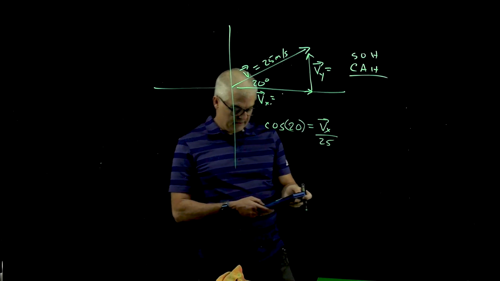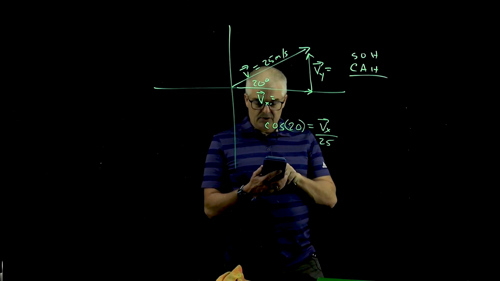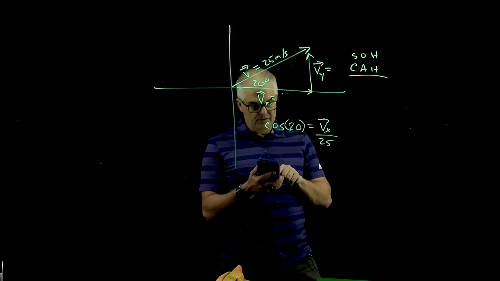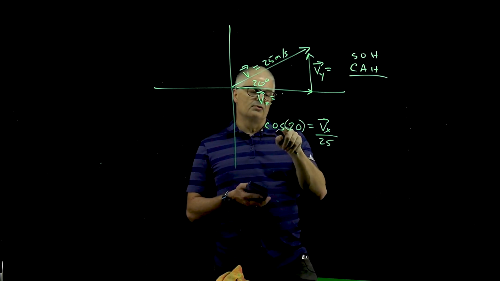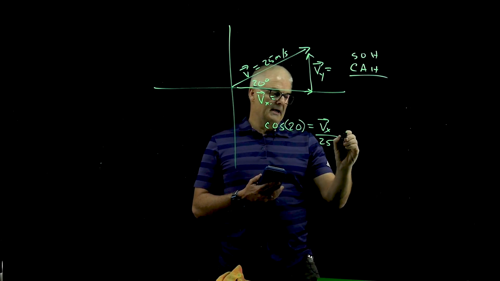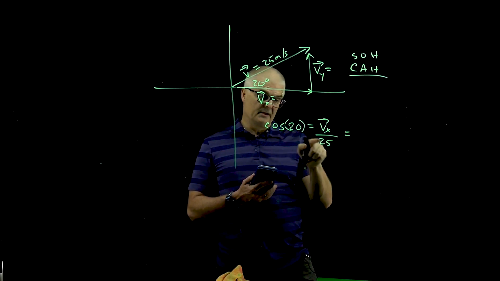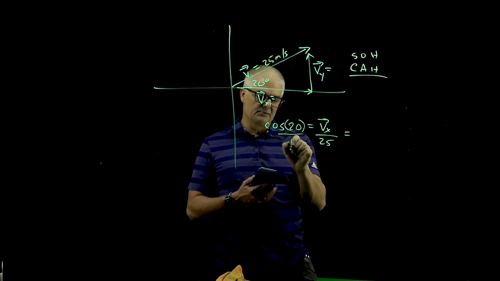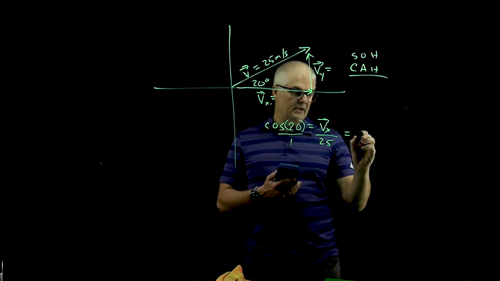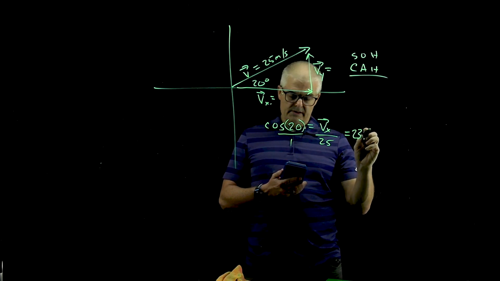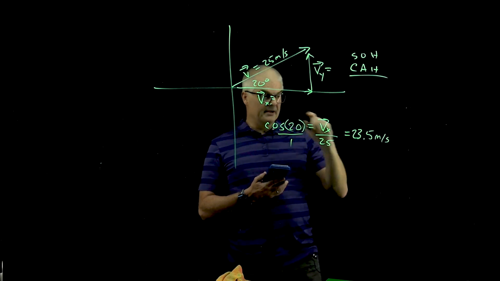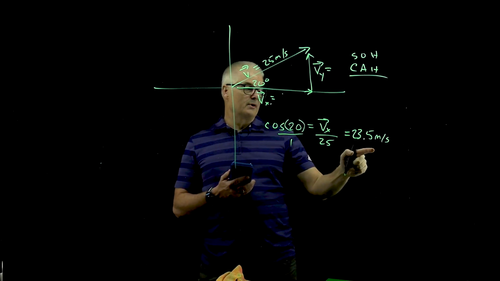I get my trusty calculator and type in cosine of 20. One important thing is to make sure your calculator is set to degrees mode. You just take cosine 20 times 25, because it's like cross multiplying. And that gives me 23.5 meters per second. So that's the x component. In the x direction, this is 23.5.